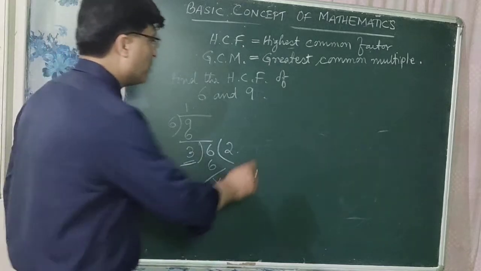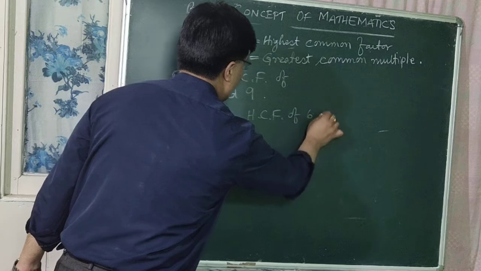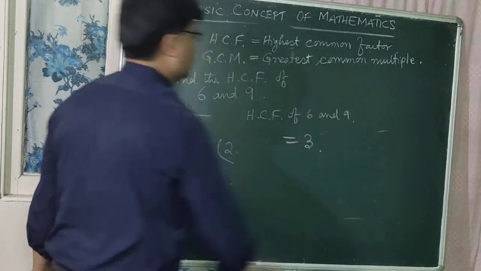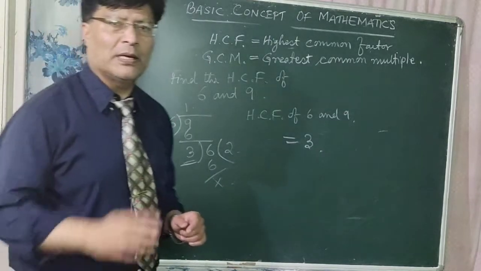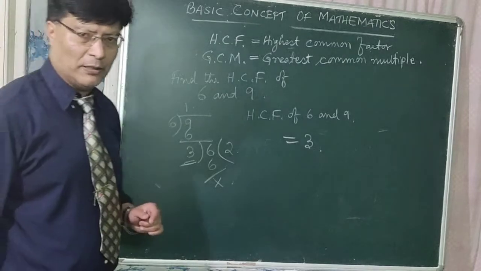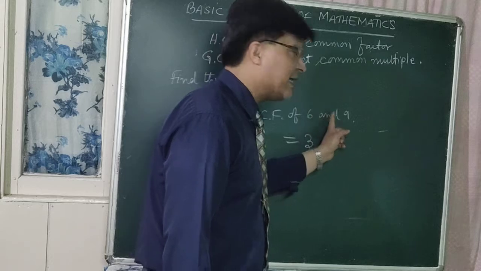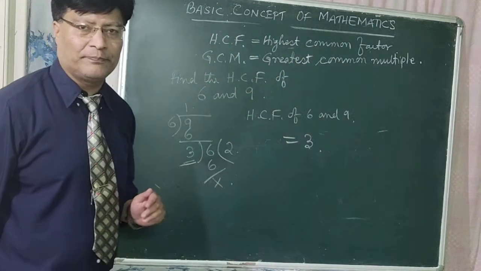So HCF of 6 and 9 is equal to 3. So 3 is the highest common factor or greatest common multiple which will divide both 6 and 9 completely. No remainder will be there.